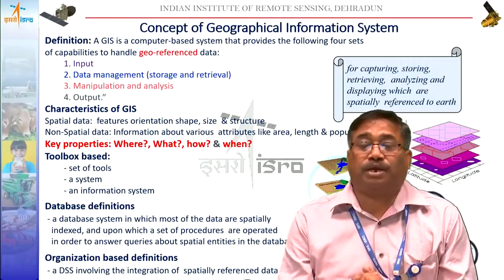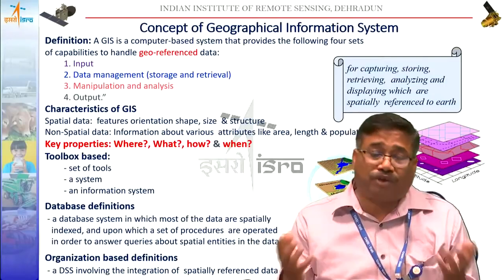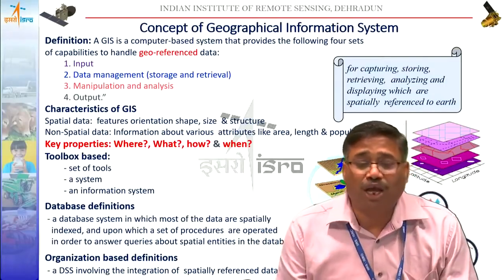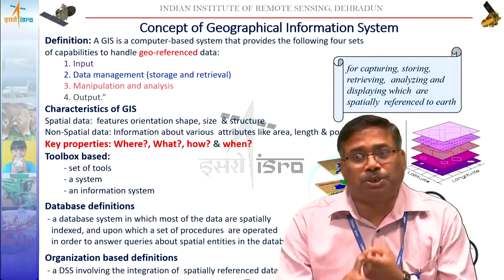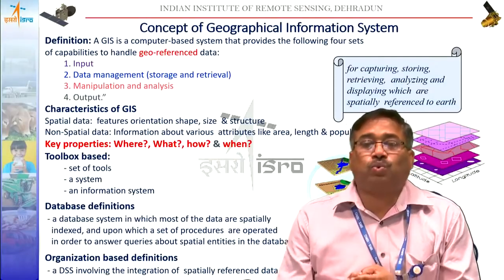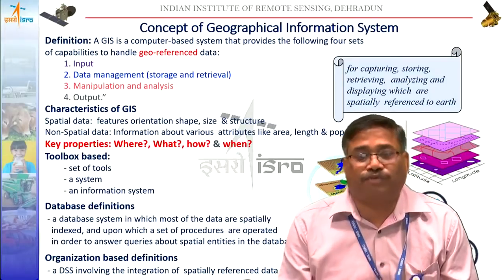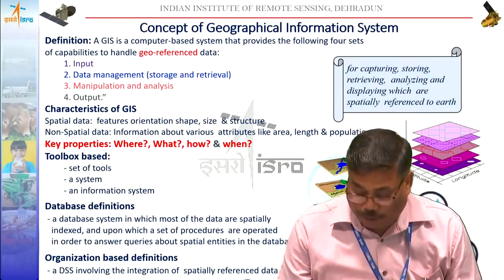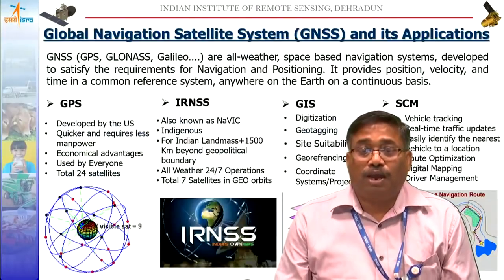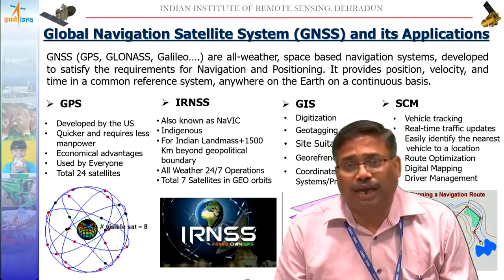But vector could be point, line, or polygon. Any information in geographical phenomena or in the real world that you want to store has to be stored either in raster or in vector. These are the two important formats supported by all GIS software, whether commercial or open source.